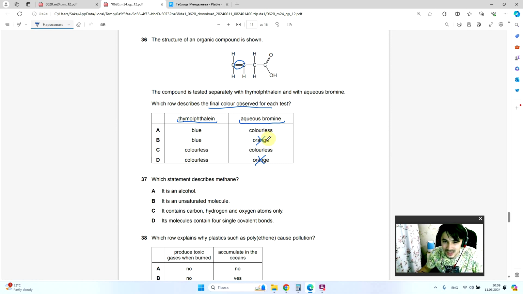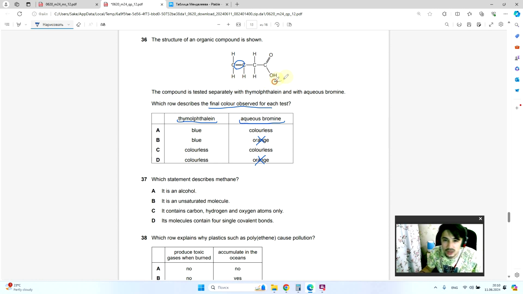So orange is the initial color, and it would stay orange if there were no double bonds, but we see there is a double bond between carbon atoms, so this is an alkene group that reacts with bromine. Okay, what is the color of thymolphthalein if you're taking this substance?